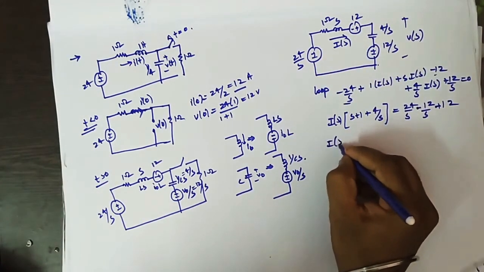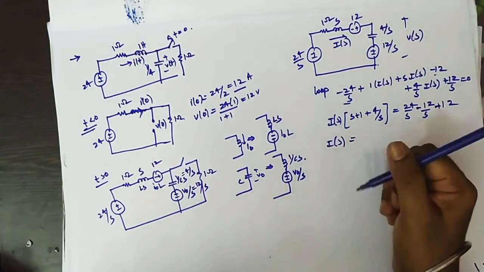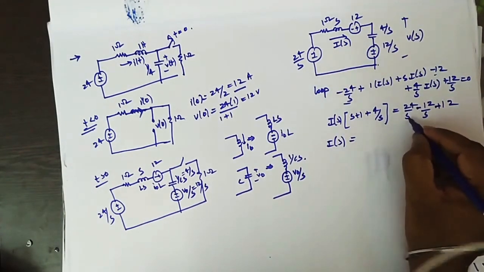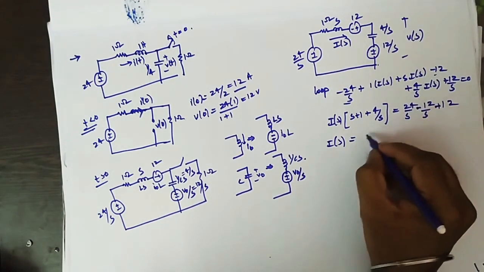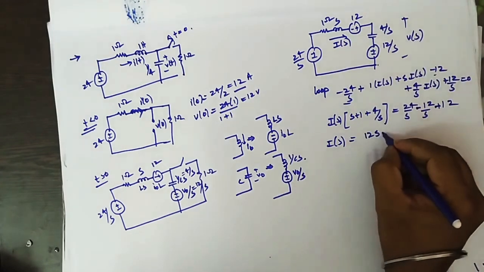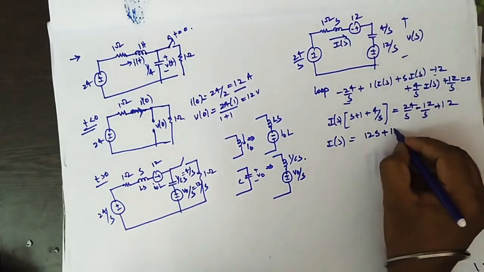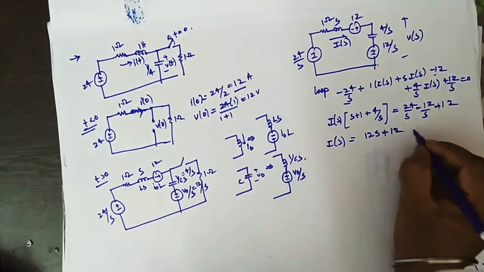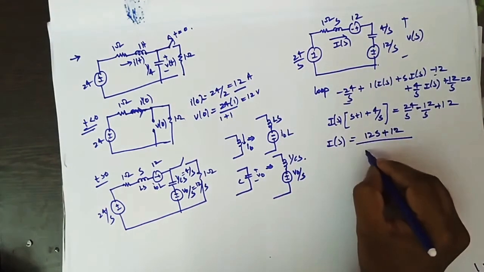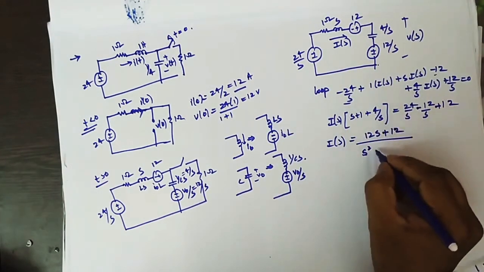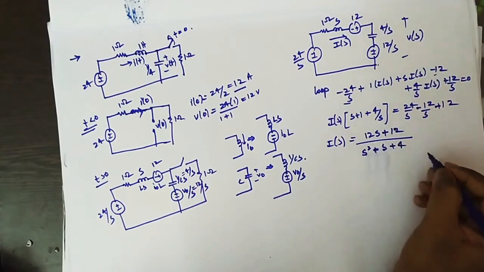Therefore I of S can be written directly as 12 S plus 12 by S square plus S plus 4.